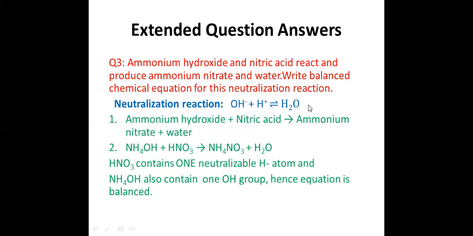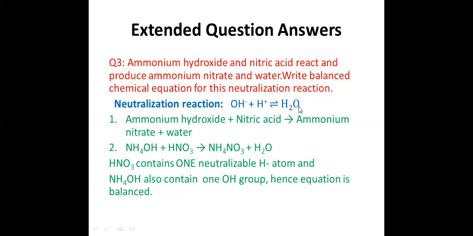Dear students, I told you before that in neutralization reaction, hydroxyl ions of a base are neutralized by hydrogen ions of an acid and will give water. So actually in all the neutralization reactions, the common reaction is the reaction of hydroxyl group, which comes from a base, and hydrogen ion which comes from an acid.